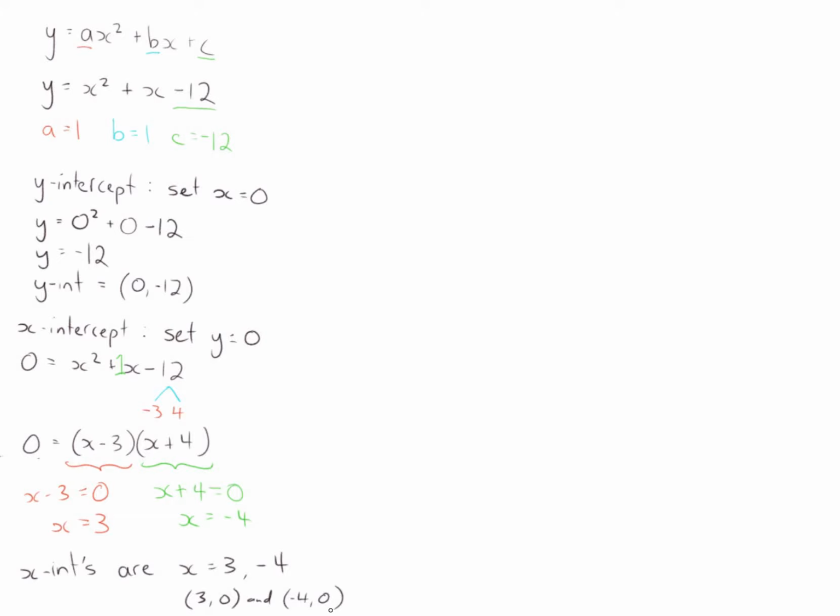Okay, let's move on now to the axis of symmetry. Remember, the axis of symmetry is the line about which our parabola is symmetrical.